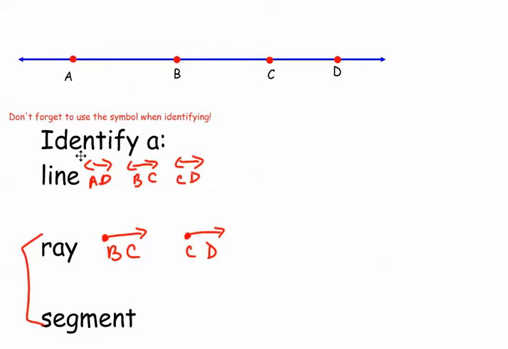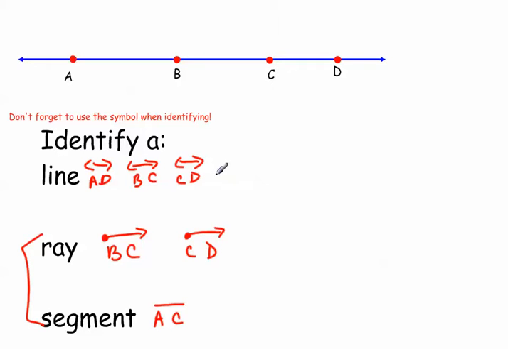Okay, so within that line there are rays within there. There are also segments. So if I wanted to say segment AC, does segment AC include the point D? No, it doesn't, because it just goes from here to here, and that is it. But does it include the point B?